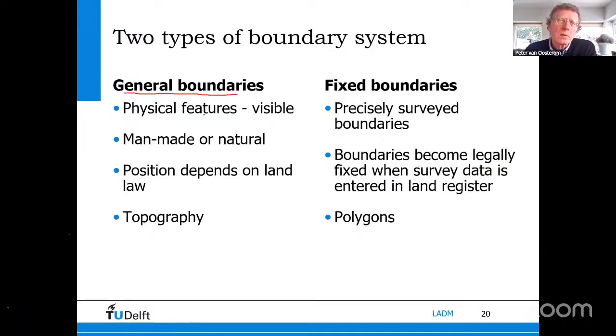That means these boundaries typically align with physical features, maybe a wall, maybe the edge of a street, maybe a hedge or a series of trees, or maybe the boundary of a river. So they are very closely related to the topography, to the terrain itself, to the physical world.